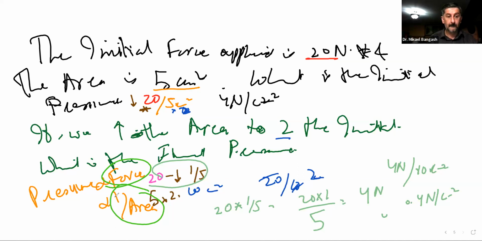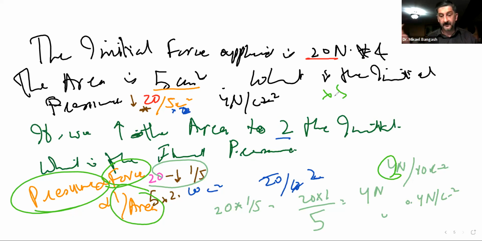It all depends on the options. If they ask you for the final pressure, then most likely you give a numerical value with the correct unit. Whereas if they ask for the change in the pressure, it may be that the pressure is increased twice, 20 times, 15 times, and so on.